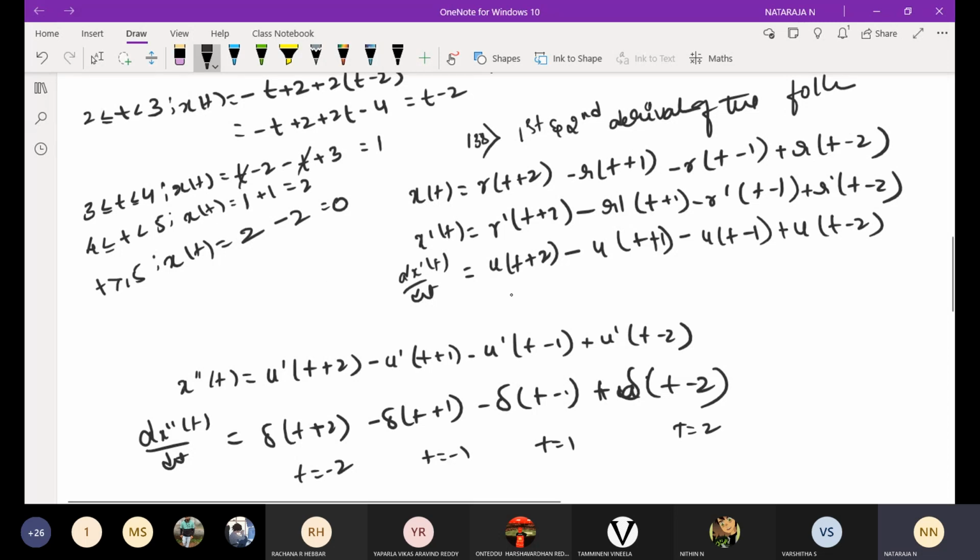You have to sketch the signal for u of t, then for this x dash of t, and then for this also. If you have any doubts, it is there in the notes. You can go through it once. I have shared notes, right? Yes, sir. Okay.